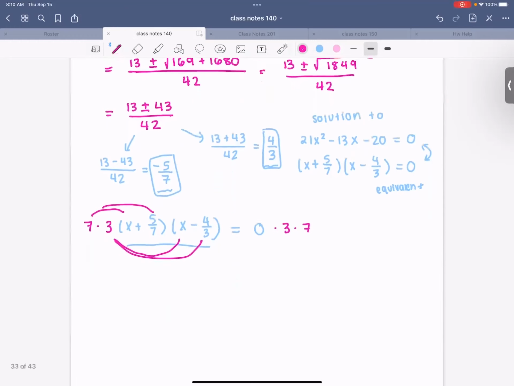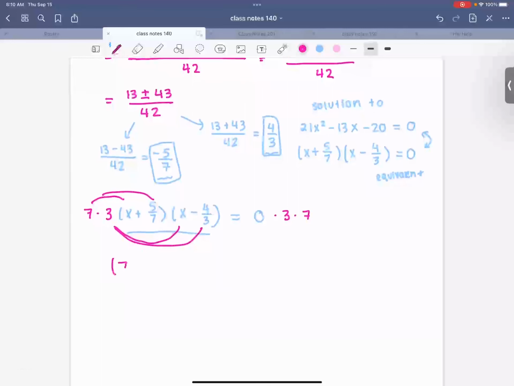On the left-hand side, I'll get 7x plus 5. The next term multiplied by 3 is 3x minus 4. And on the right hand, I have 0 as well. Now, all I've done is the same thing to both sides of the equation.